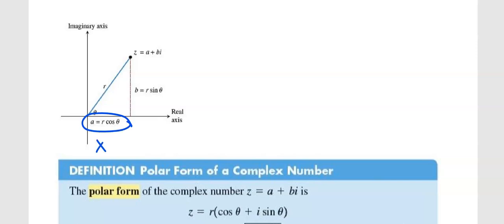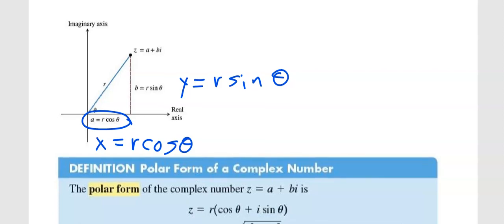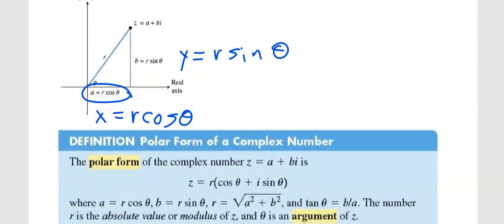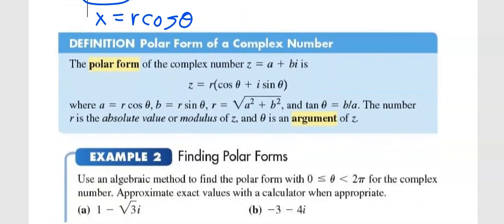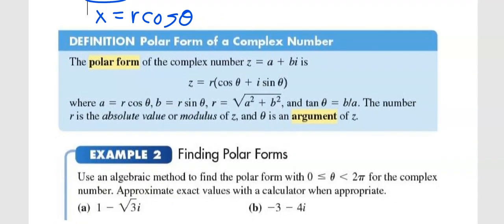Ooh, the x value, that can be found x equals r cosine theta. Y equals r sine theta. Yes, and so I know they use letters A and B, and the A is the real portion, and the B goes with the imaginary value i. But all of this is being used from the last section. None of this is really all that different. We start getting into the polar form of a complex number.